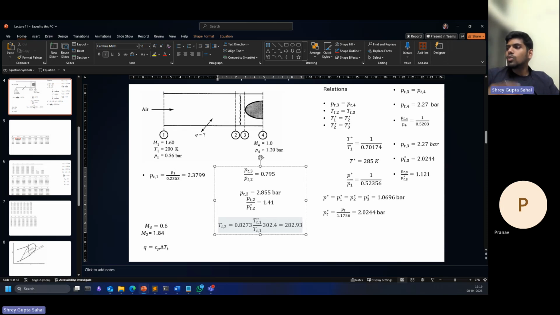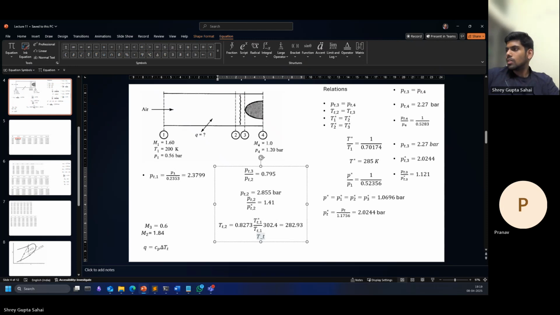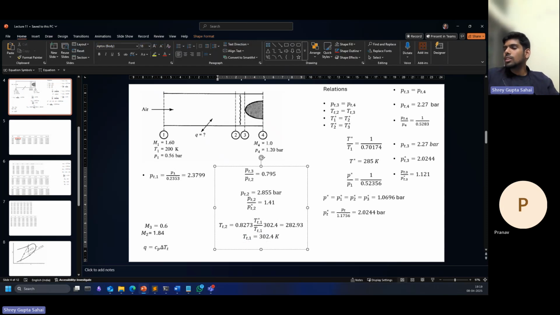Yes. And the total temperature T total 1 was 302.5 Kelvins. Just multiplying Cp and the temperature difference, you will get the heat transfer value.